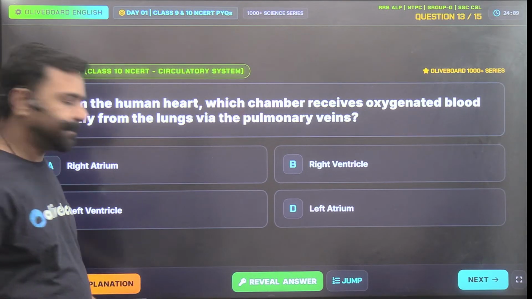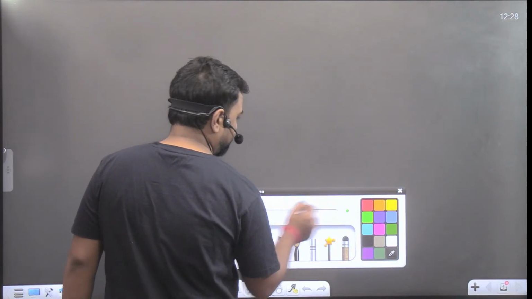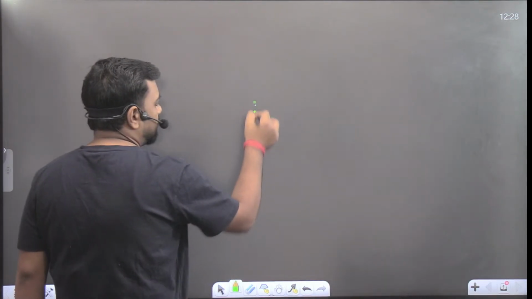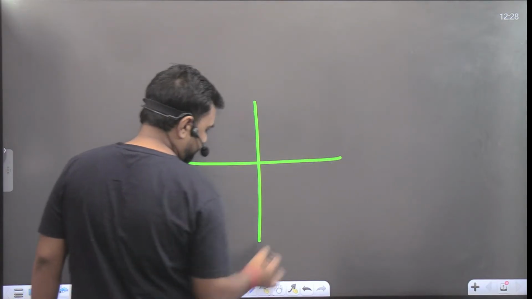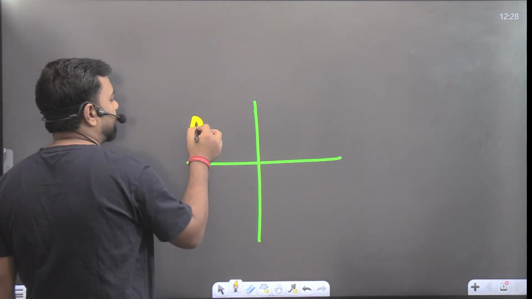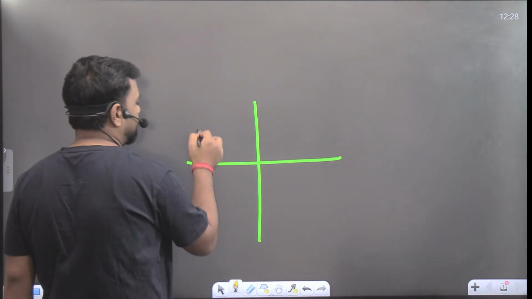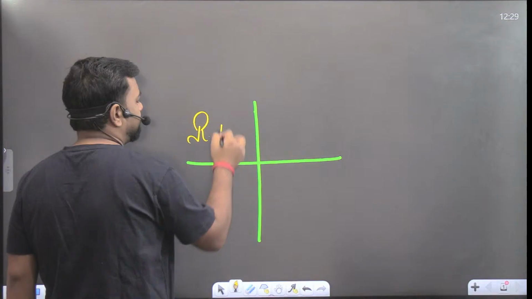So there are four chambers in the heart, right? That's right atrium.